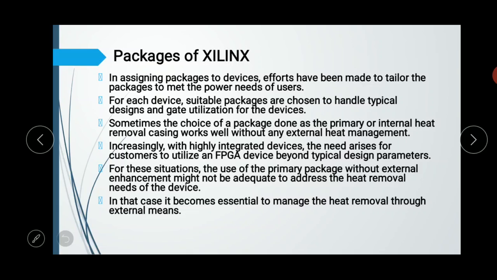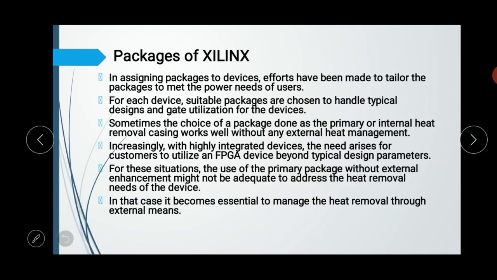For these situations, the primary package is not able to handle the heat removal without the help of external heat management. Heat has to be removed from a device to ensure that the device is maintained within maximum temperature limits.